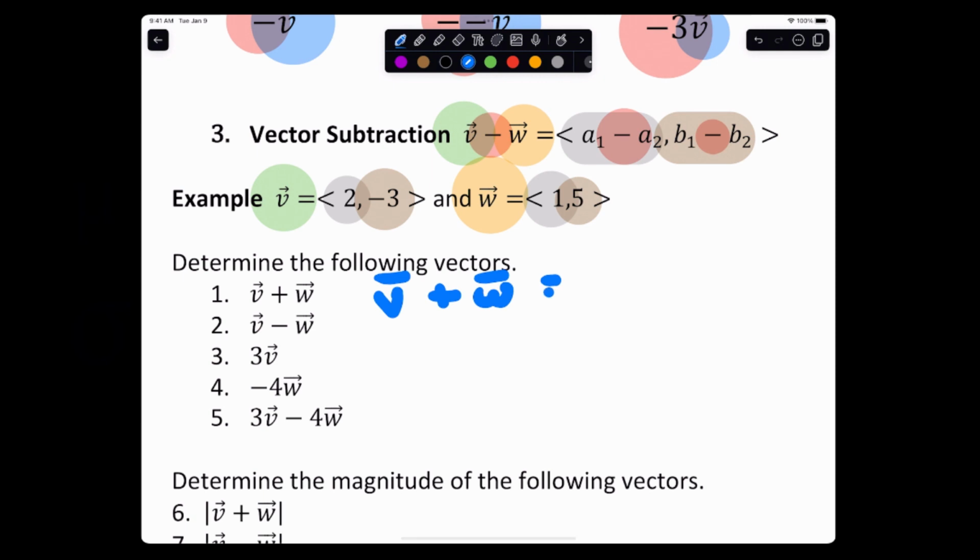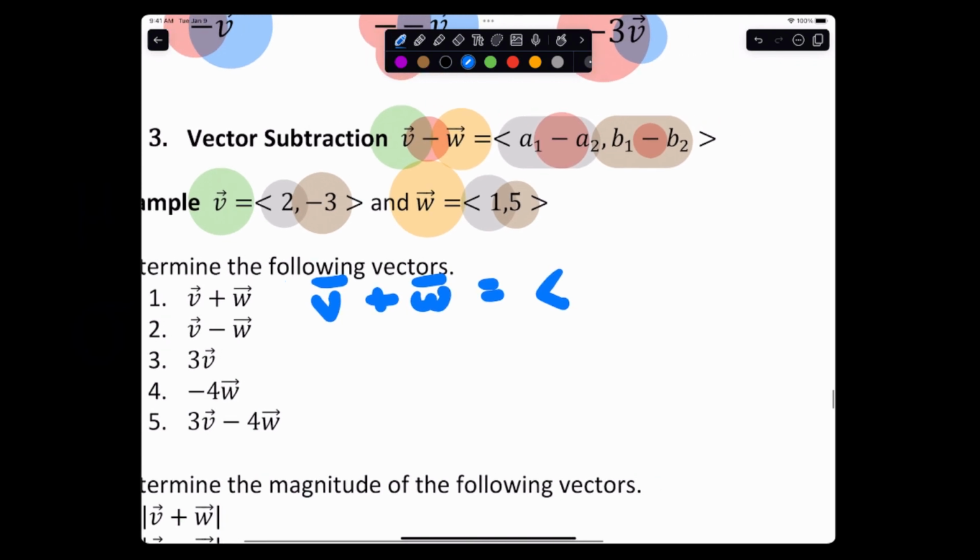Sometimes we could draw it this way. Okay, you say, what do you mean? Well, that means vector as well. You don't have to have the arrow. So what does it mean to add two vectors component-wise? Do you guys know? You take what number? 2 plus what? 1. We took this 2 and this 1. You guys okay with that? And then we take -3 plus what? 5.